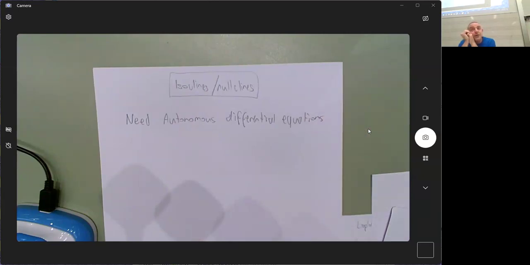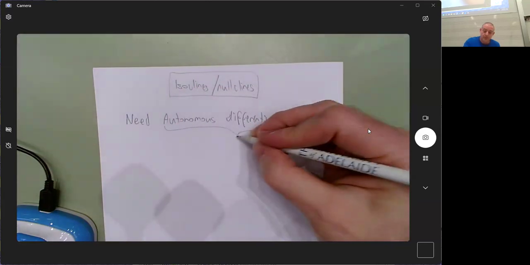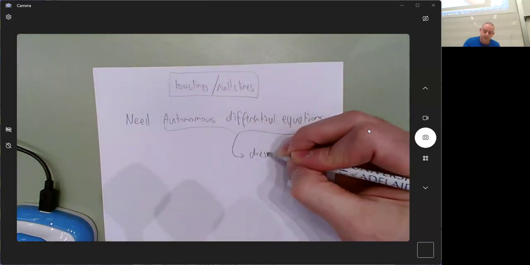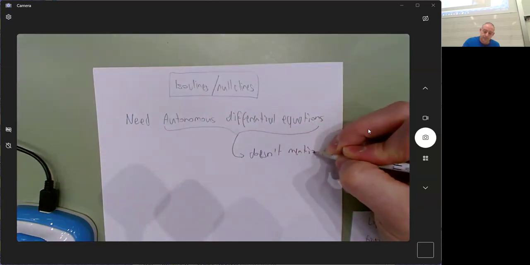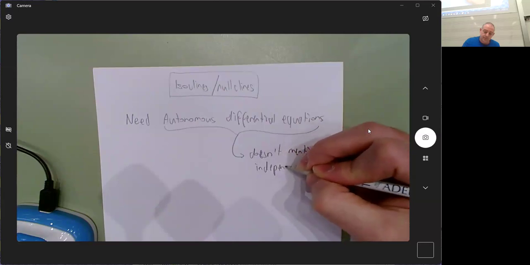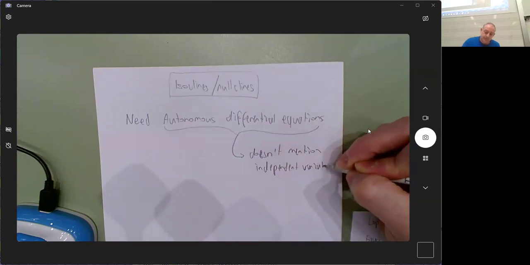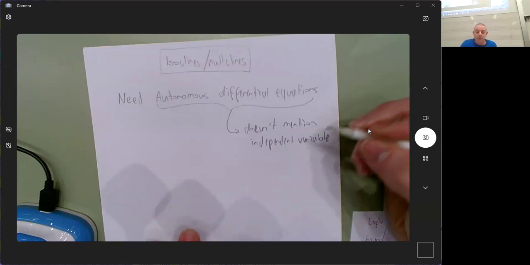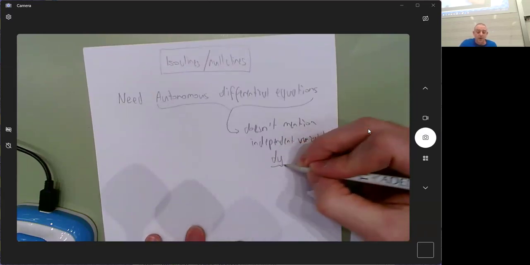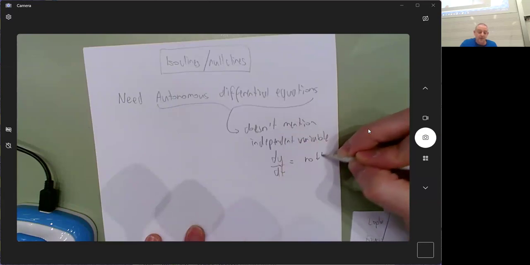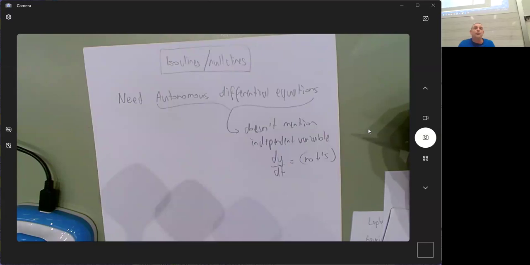An autonomous differential equation is one that doesn't mention the independent variable, the thing that you're doing the derivative with respect to. So if you've got, for example, dy on dt, and there are no t's, then that's an autonomous differential equation. And your isoclines and nullclines go with autonomous differential equations.